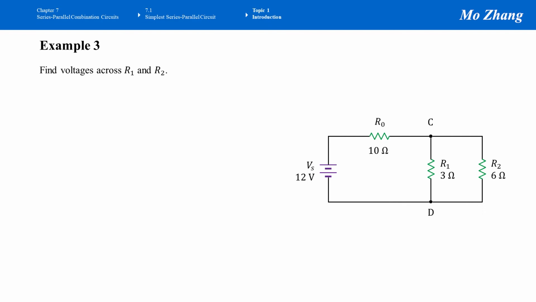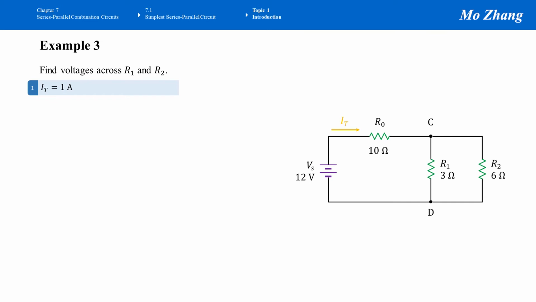So put the circuit to the side, and we know IT equals 1 amp. We calculated this in example 2. Since that 1 amp current passes through R0, we can apply Ohm's law to find the voltage drop on R0.